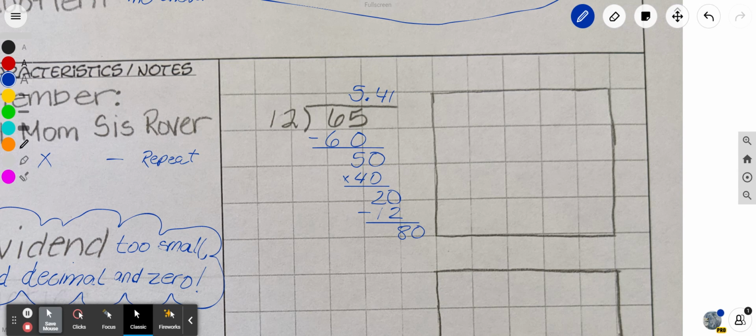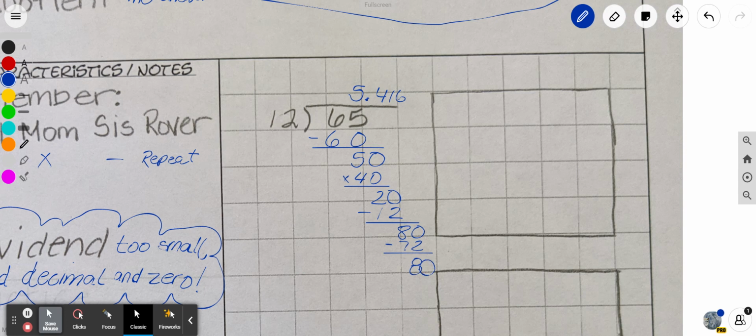And then 12 times 6 is 72. So I'm going to put 6 on the line. 6 times 12 is 72. That's my multiplication step. Now I'm going to do my subtraction step, and I get 8. Now at this point, I can see that I'm going to continue to get 8 when I do my subtraction, right? 12 goes into 8.